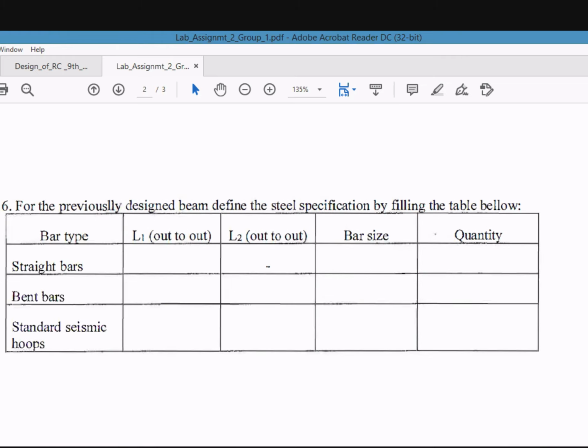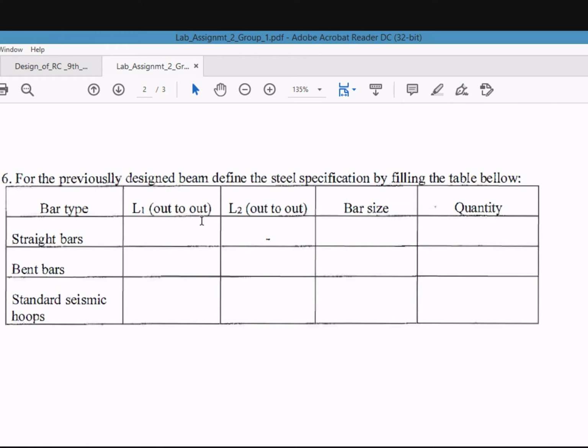So right here you put L1 and L2. The bar size will be like number 3, whatever bar size you use. The quantity, how many? 3 or whatever in your beam. And then here the standard seismic hoops, L1, L2. The bar size is going to be a pencil bar or whatever it is, 1/4 of an inch.